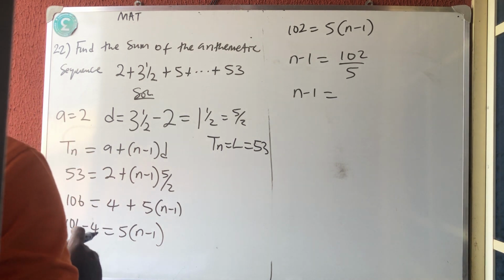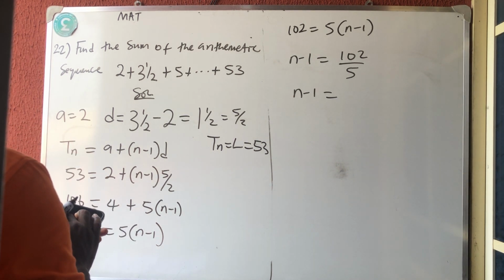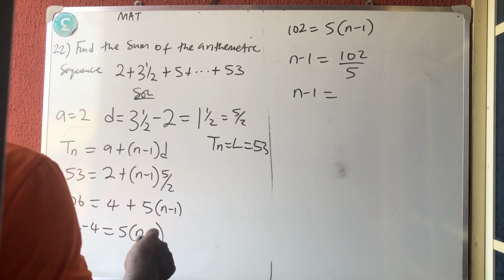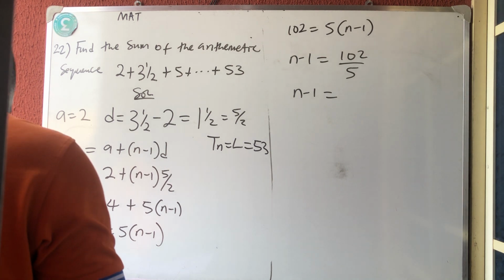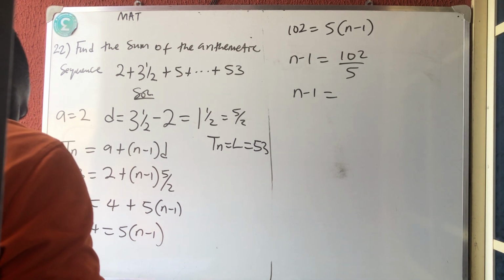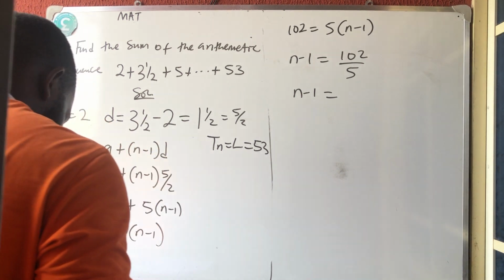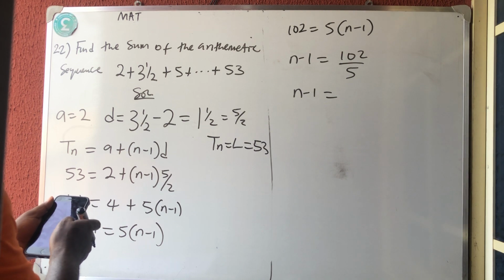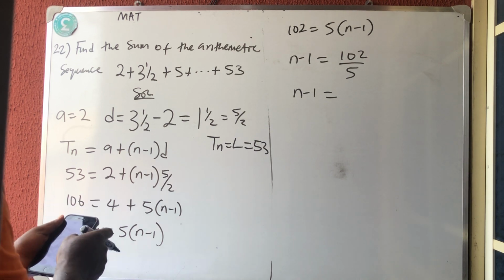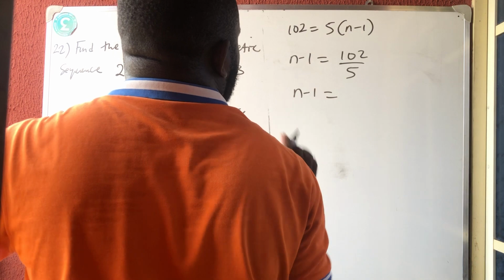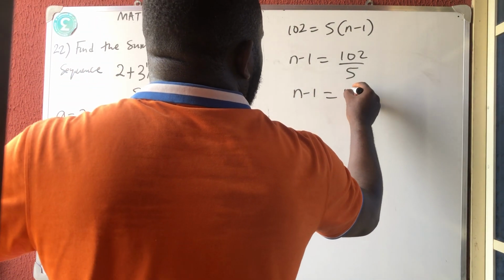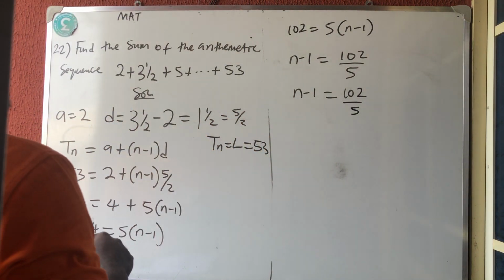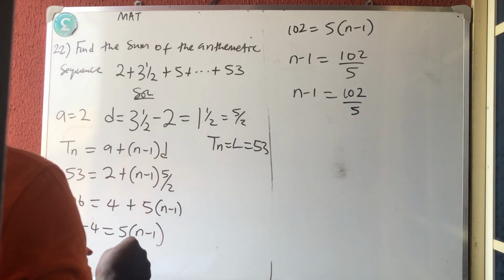Okay, 20.4. Let me leave it like this. 102 divided by 5. Huh? The n term cannot be a fraction. Is there any problem anywhere?